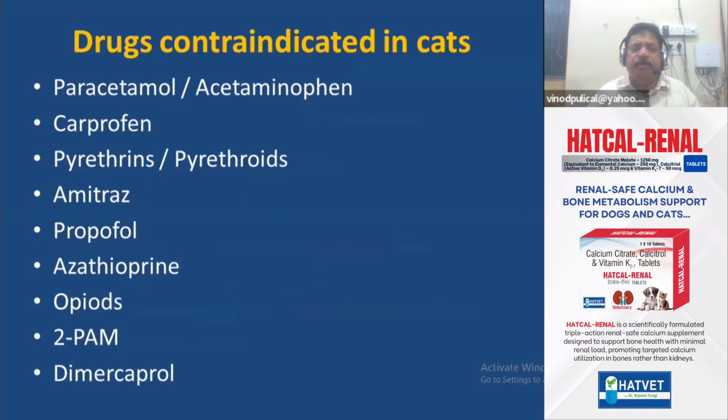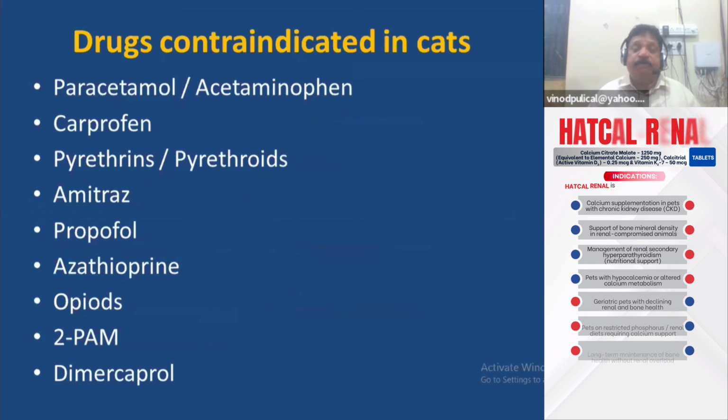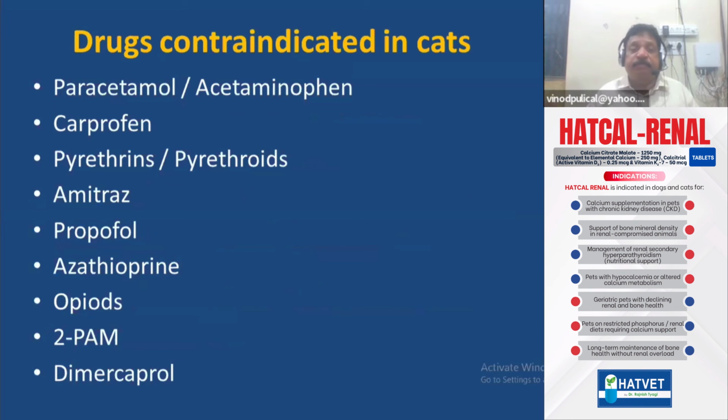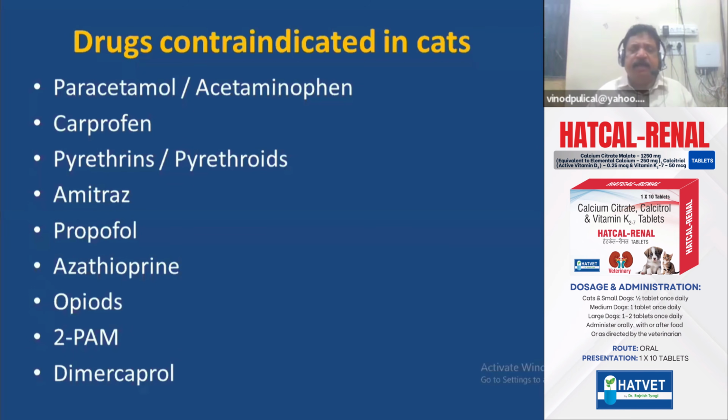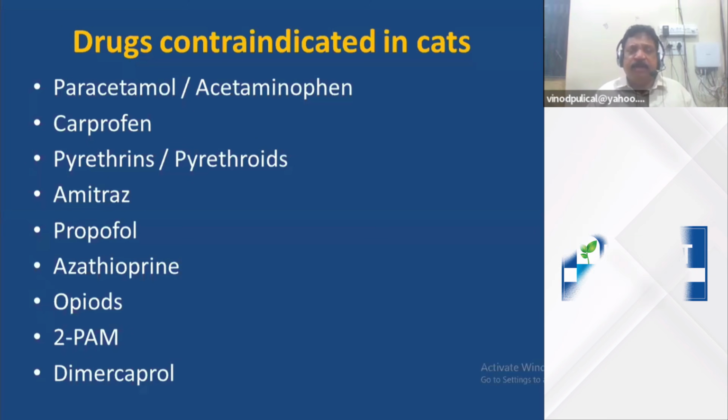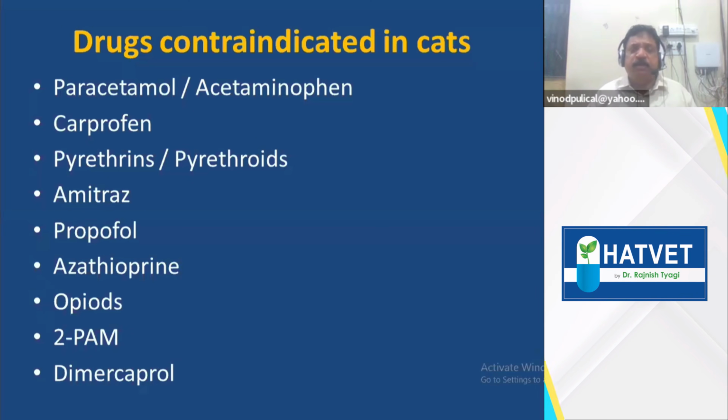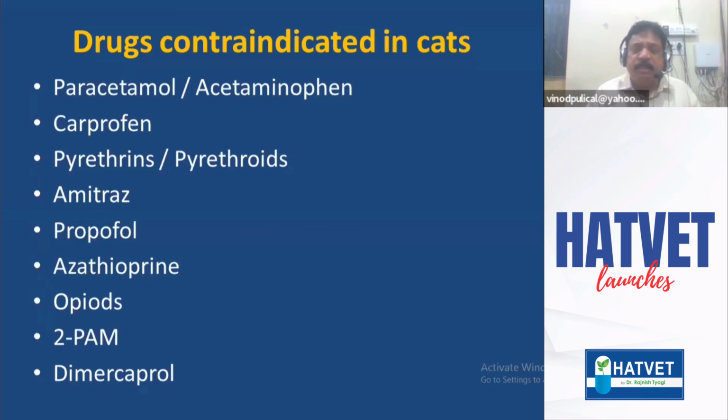Even it is written that meloxicam should be used with caution in cats. But from my practice, it is safe. Also carprofen, pyrethrins or pyrethroids, amitraz, of course propofol, cypermethrin, azathioprine, opioids, opiates, dimercaprol, all these things.